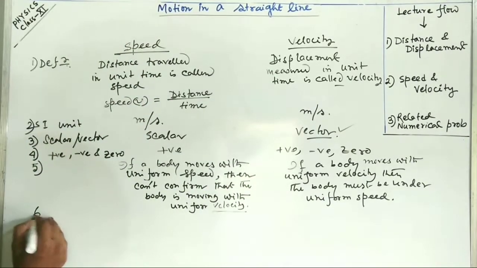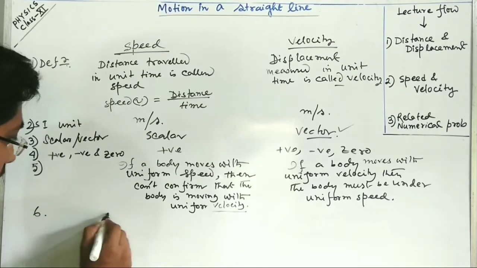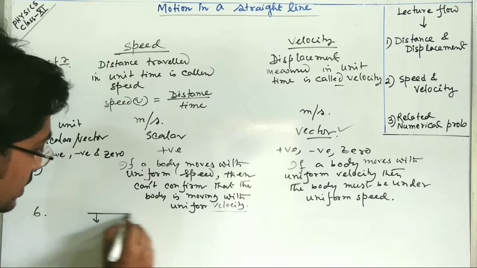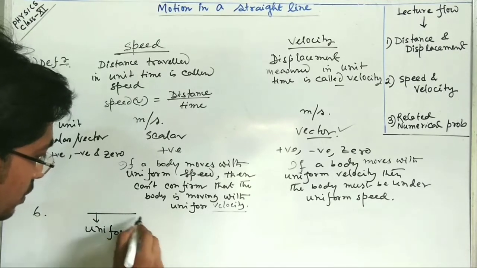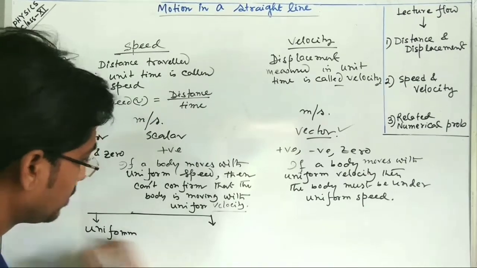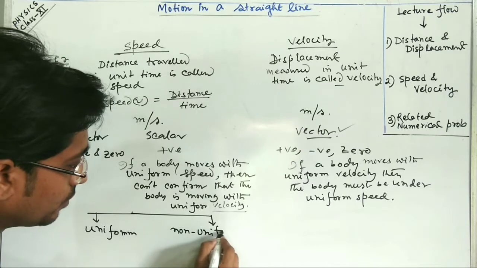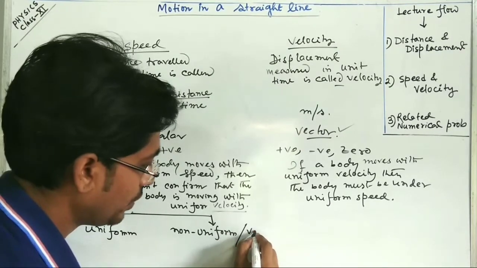The sixth point will be that speed can be classified into two parts. One is uniform, as I've told you before, and the second is known as non-uniform. Non-uniform is sometimes called variable.